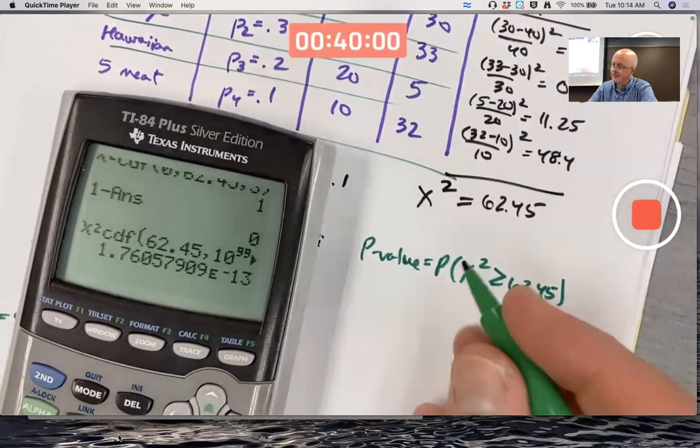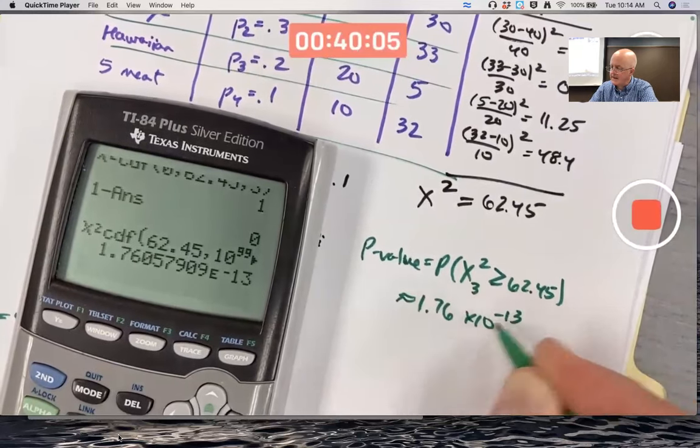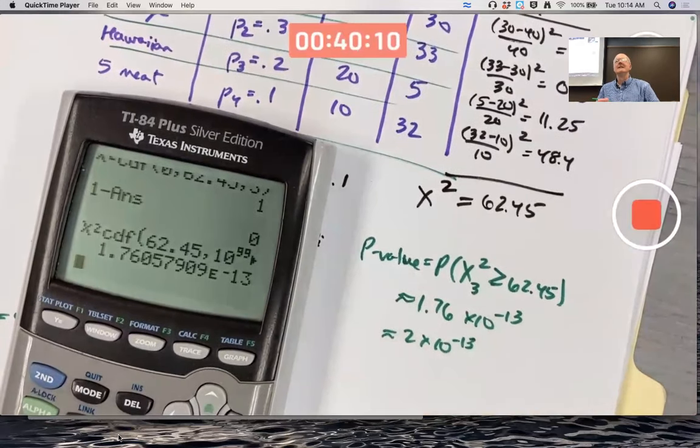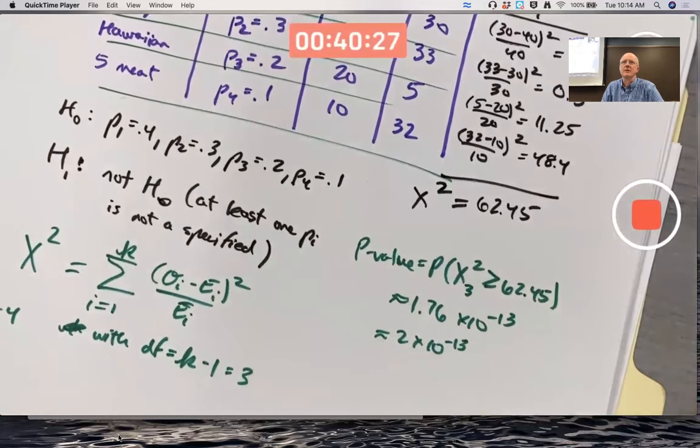Which is probably best to write as approximately 2 times 10 to the negative 13. 10 to the positive 12 is a trillion, right? Yep. This is like a 1/10 trillionth of a chance of observing something this extreme or more extreme if we assume the null's true. Therefore, we are very confident the null's false. We reject it.